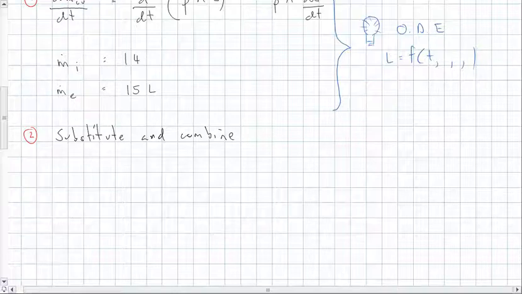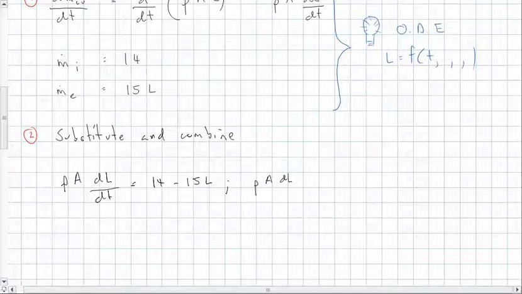At this stage, we'd have rho A dL dt equals 14 minus 15L, which can then be rearranged into rho A dL dt plus 15L equals 14.